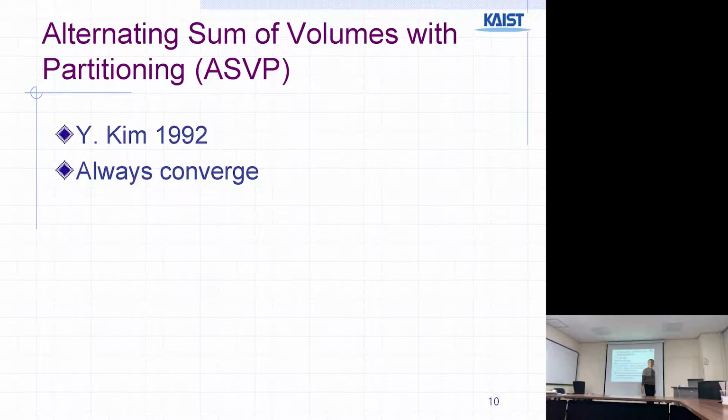He is a professor at Korea University. So when he was studying in the United States, he improved that previous work. You see that after 10 years, right? 10 years. So he solved the problem of convergence.